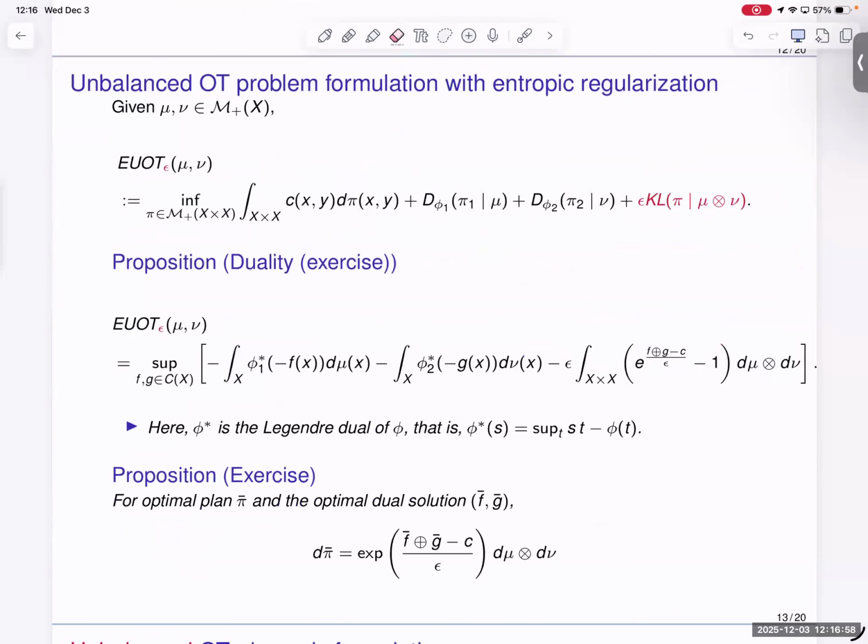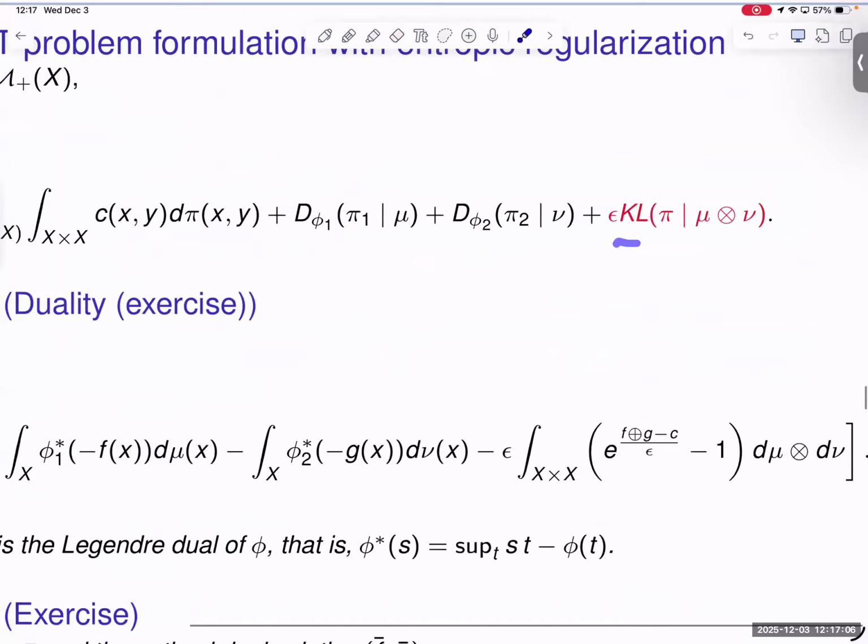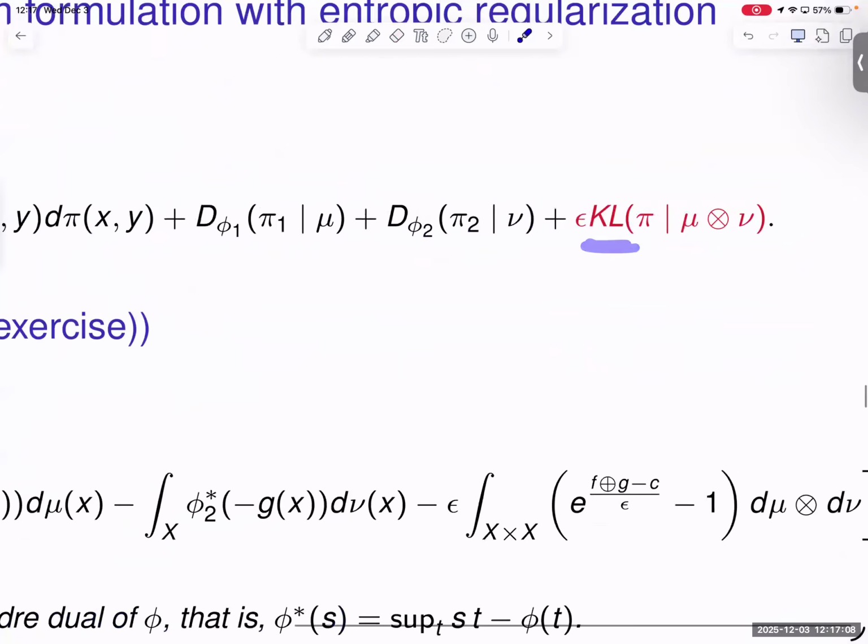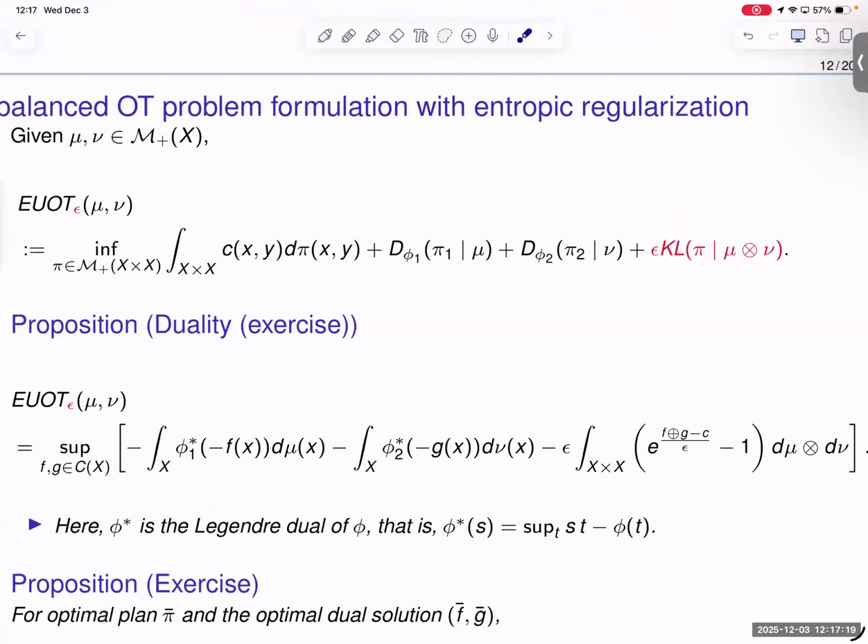So you can consider entropic transport, okay? You just add this entropy term. Here, this entropy, or KL divergence term, is with pi and mu times nu. They actually did this regularization in the literature.